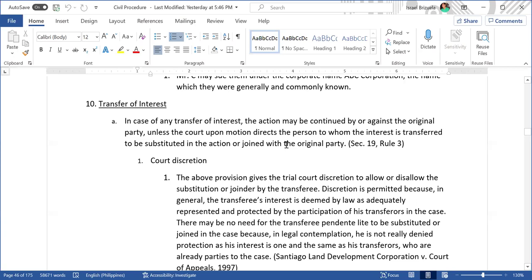So this is a court discretion. The above provision gives the trial court discretion to allow or disallow the substitution or joinder by the transferee.